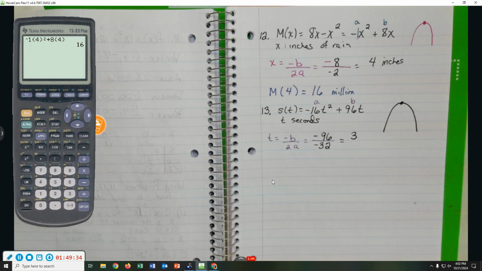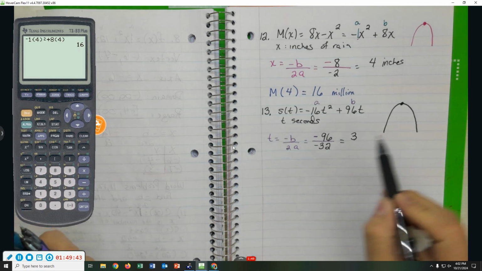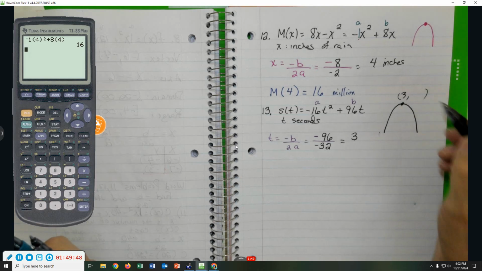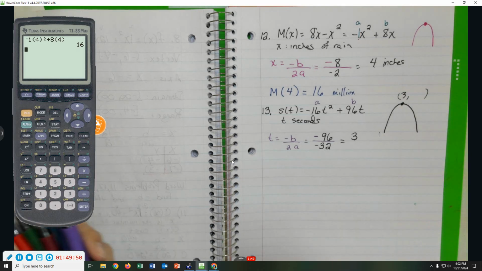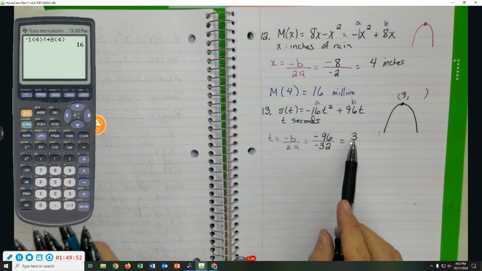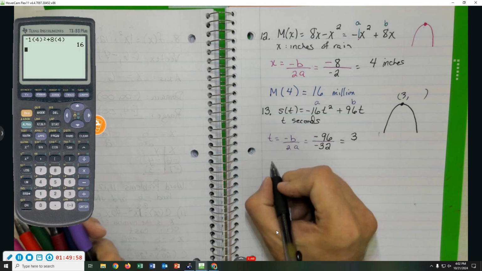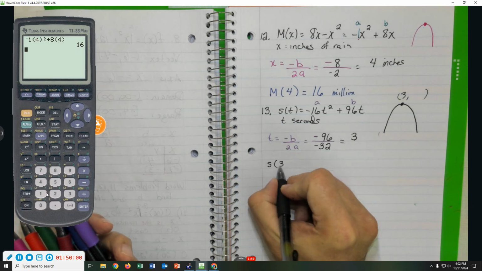So they threw the ball, rock, whatever, up in the air. It goes up for 3 seconds, then it comes back down. So this is how many seconds it takes for it to reach the maximum height. 3 seconds. How do we find the height? Once you find the first coordinate of the vertex, plug it in to get the second coordinate. s of 3.